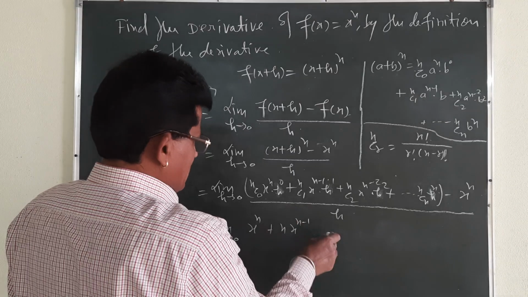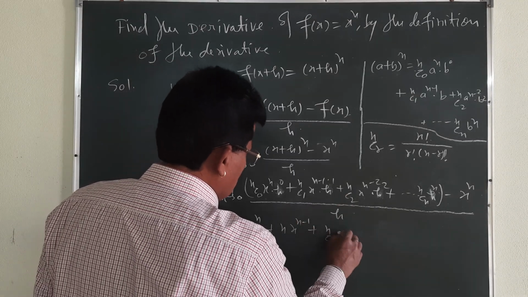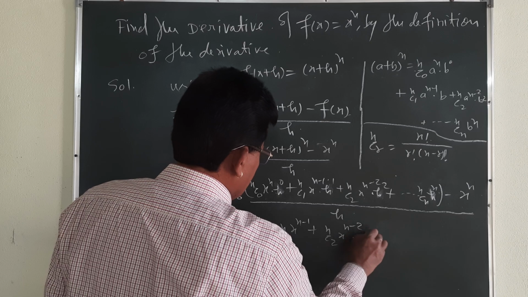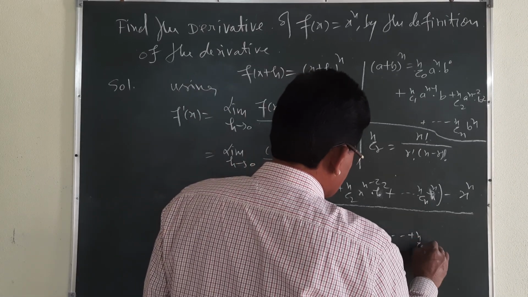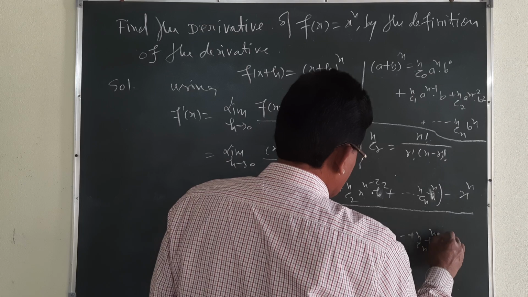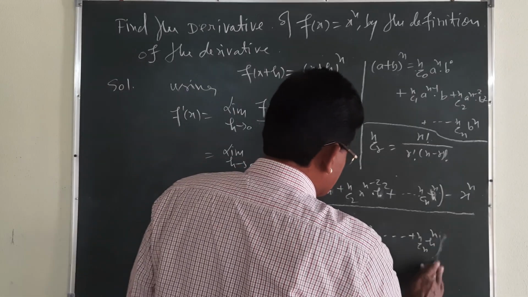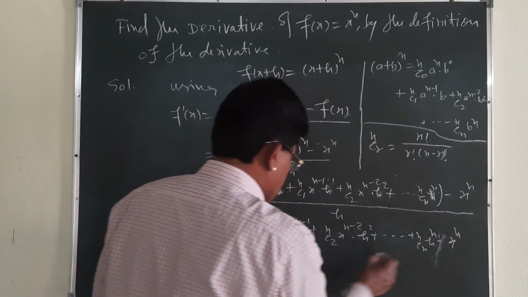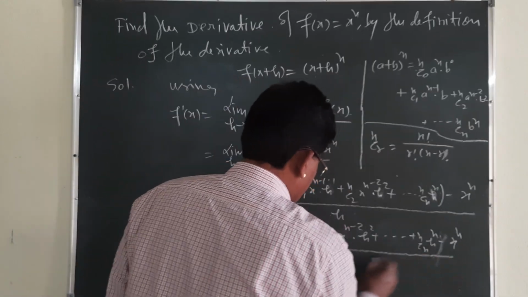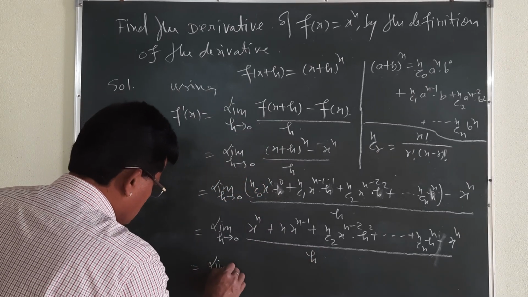Okay, let me write it as it is: x to the power n minus 2, h square, and so on, plus nCn h to the power n. Dear student, x to the power n will be cancelled by x to the power n, divided by h. I am going to write one more line.